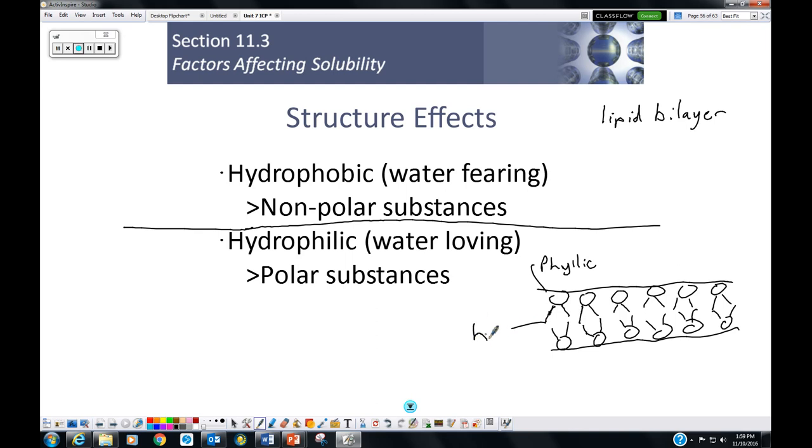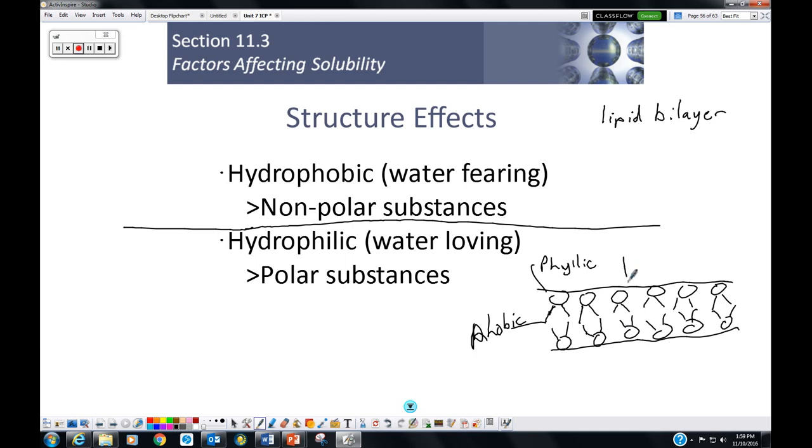This is the phobic part. Are you sure? Yes. Because basically what we need to happen is we don't want the water to stay in the middle of the layer. We want the water to either stay on the inside or the outside.